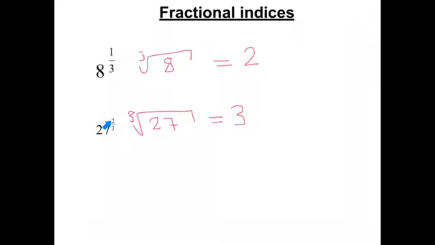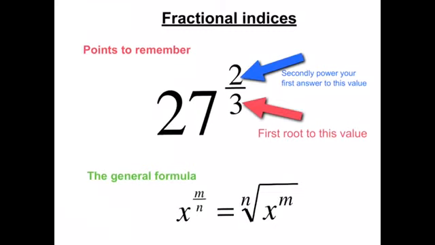So that's actually telling us to raise our answer to the power of 2. So 3 to the power of 2, 3 squared, because we're getting that value from there, is 9.